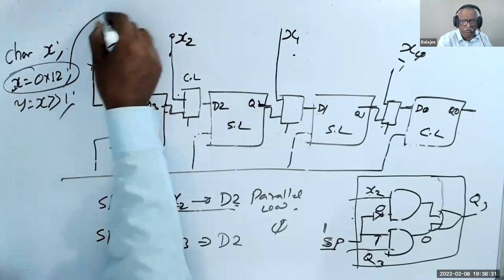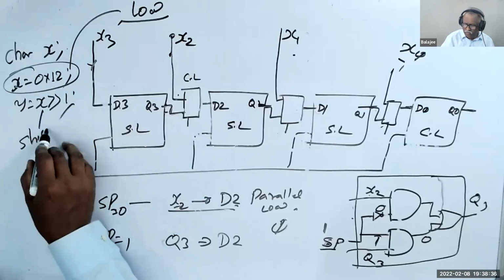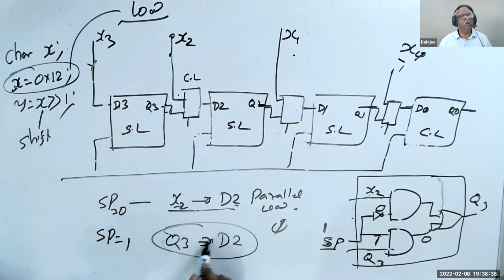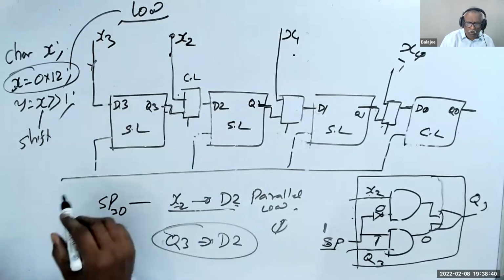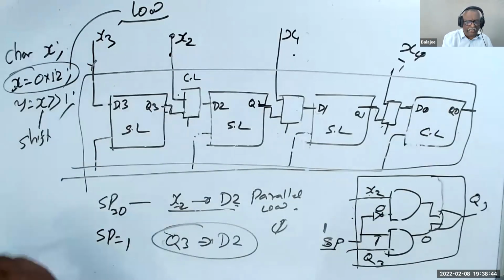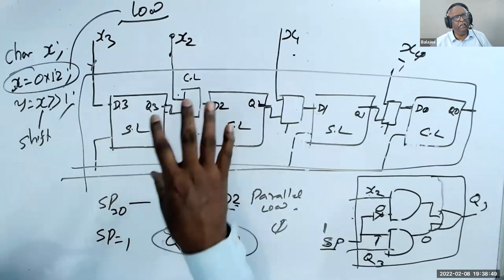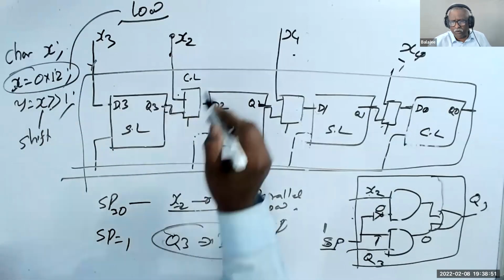This is called load. This operation is called shift. So I'm giving you an equivalent of what is there in your C program. You use the right shift and left shift, both of them are doing that. So these are all there inside your microprocessor.